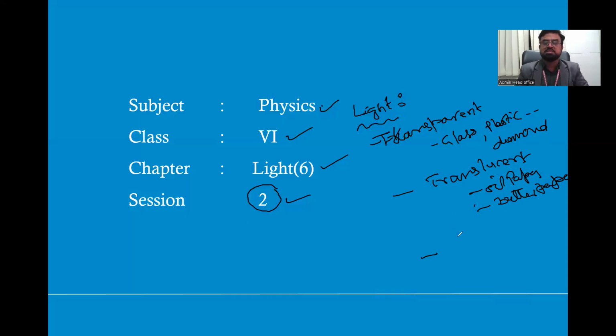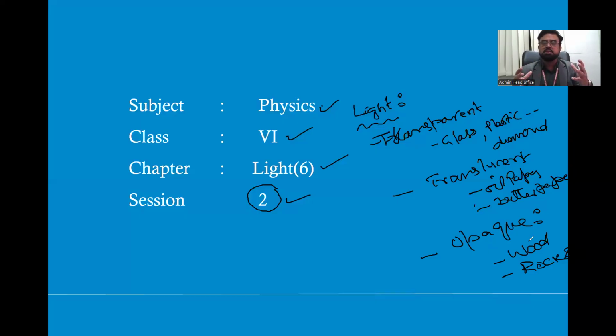And there are some substances which do not allow the light to pass through them, which are called opaque. Whatever light falls on them, it remains there or returns back. Like wood, rock or stone. These do not allow the light to pass through them.